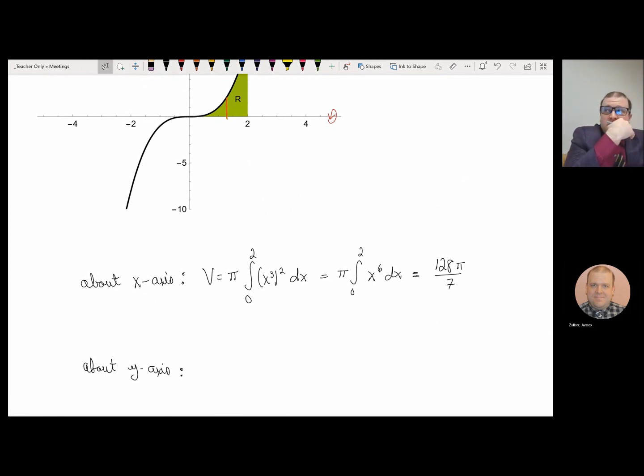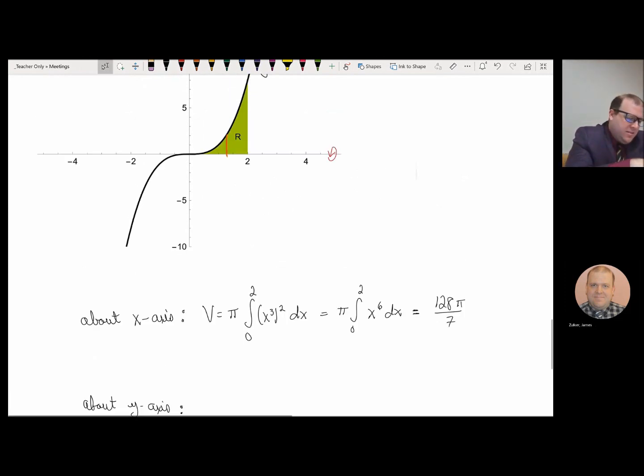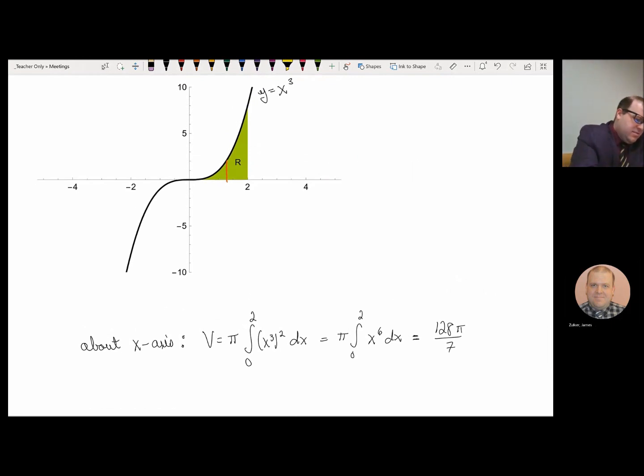Now we need to go about the y-axis. That changes things. Because we're now measuring radius from the y-axis to the region.